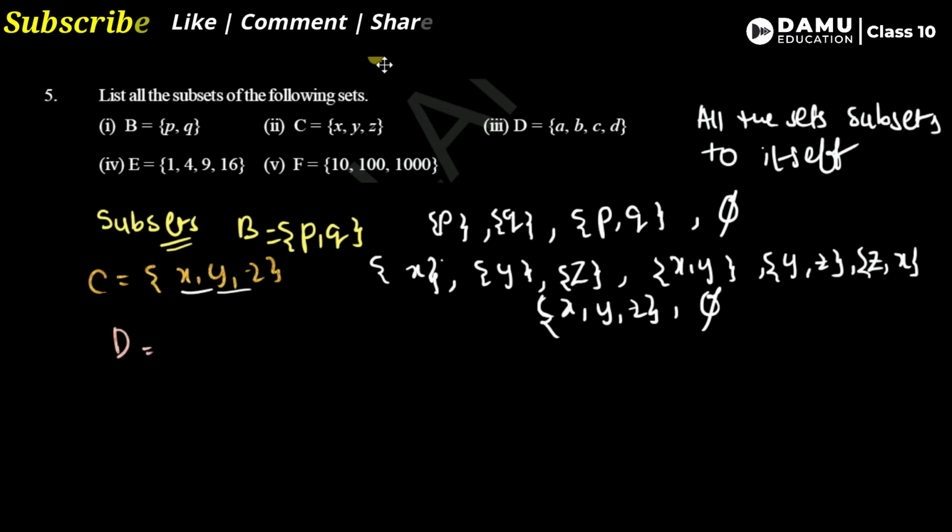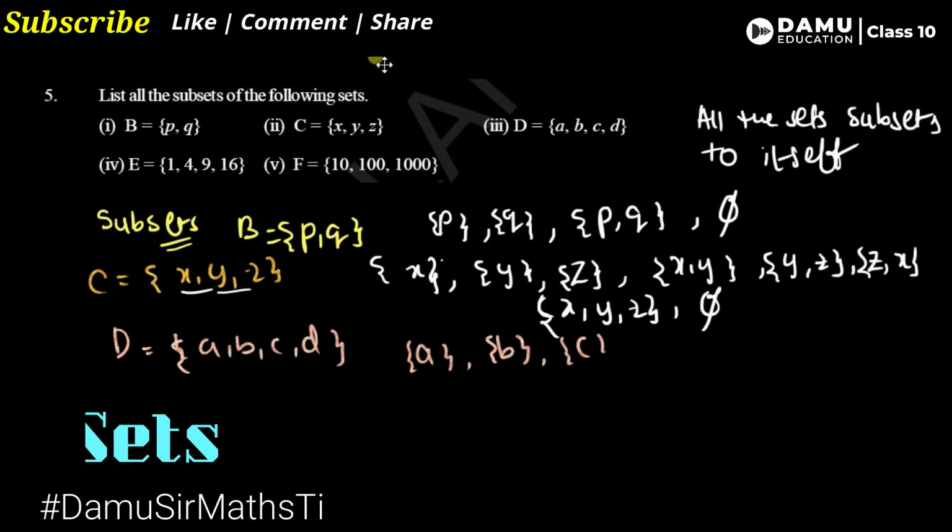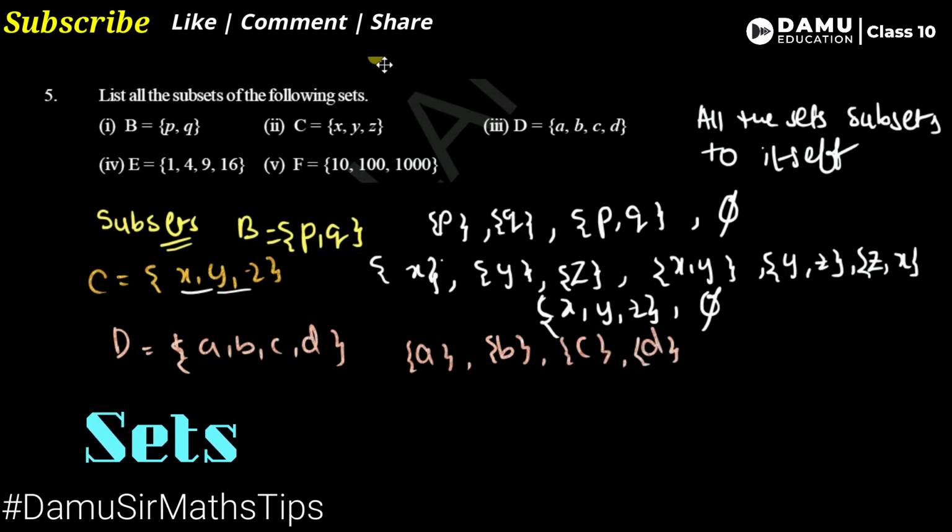Then our third one, D, is {A, B, C, D}. So what we can write here is {A} is one set, {B} is another set, {C}, {D}. Then {A, B} is a combination and {B, C} is a set and {C, D}.